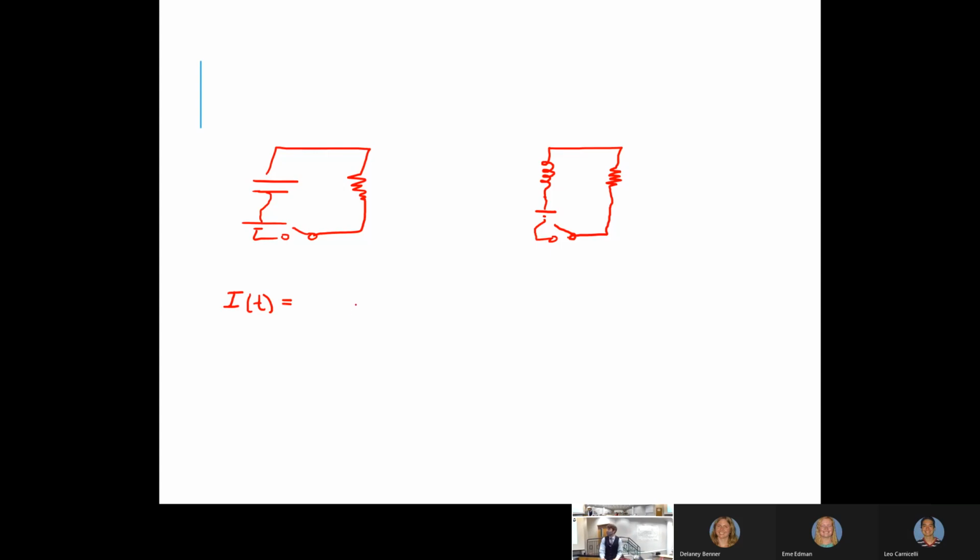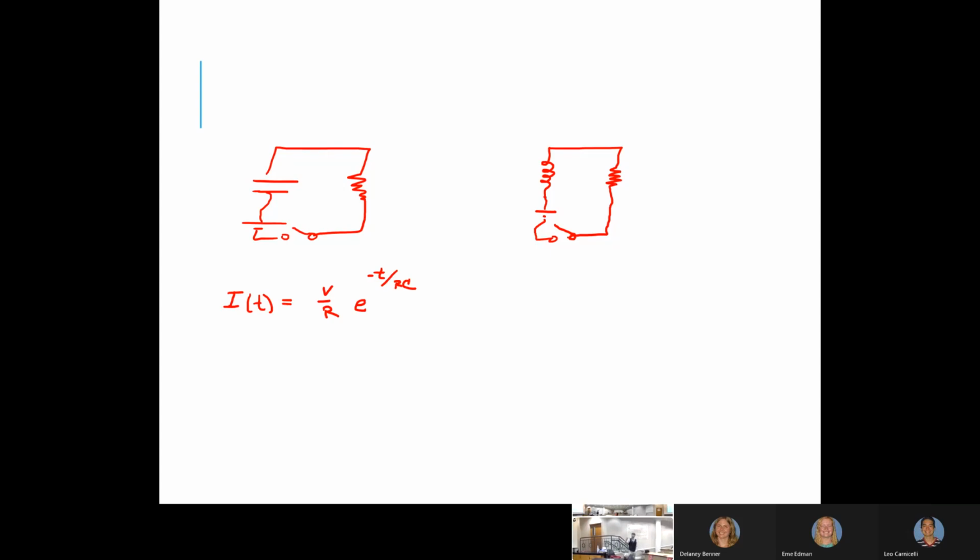So I know that I should have this term e to the negative t over RC. I just have to remind myself, at long times, yes, this goes to zero. So I should have something like V over R. Again, I don't have this memorized. I just know there's an e to the negative t over RC, and then I work through the rest of it.